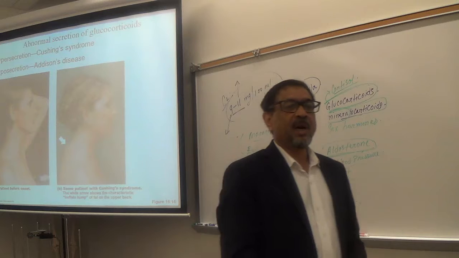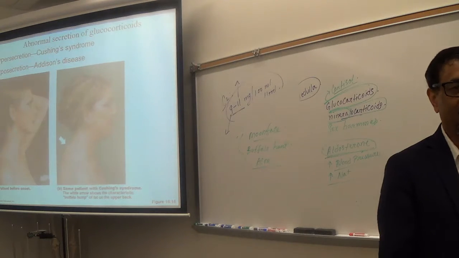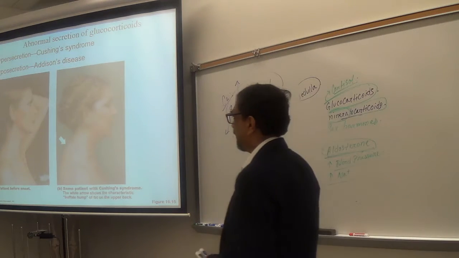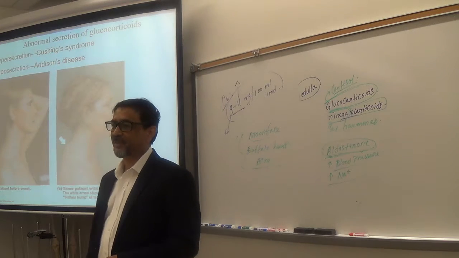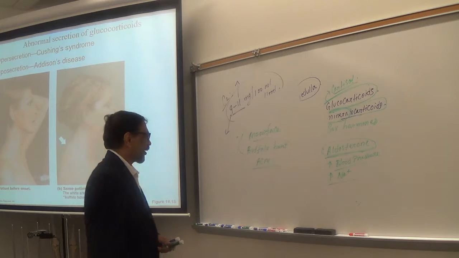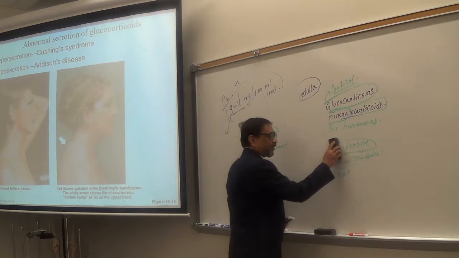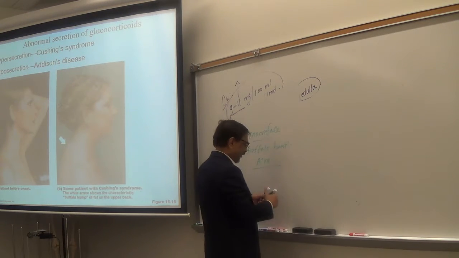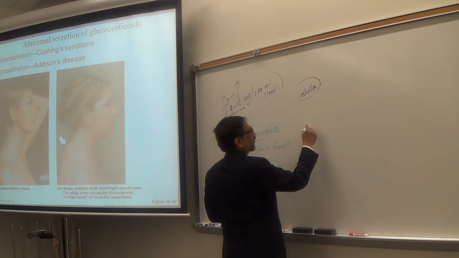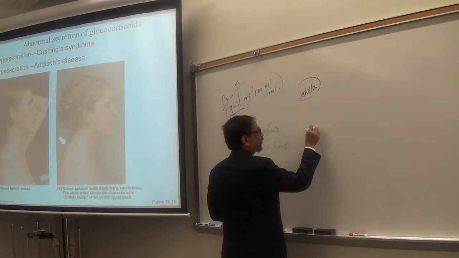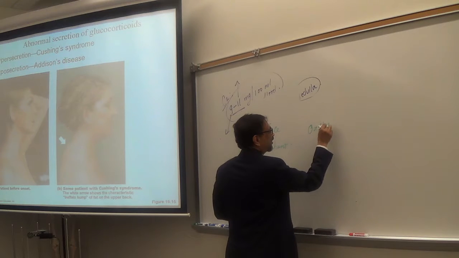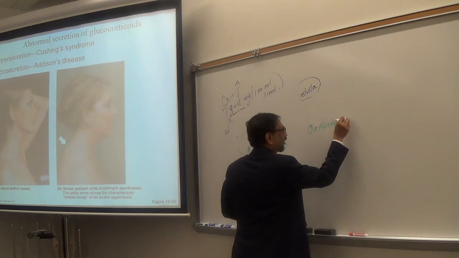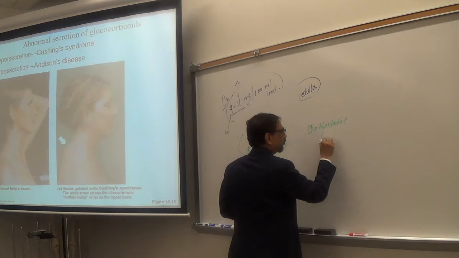Now, prolonged hyposecretion or less secretion of glucocorticoids can lead to Addison's disease. And what are the signs of Addison's disease? Hypotension. That hypotension is called orthostatic hypotension.